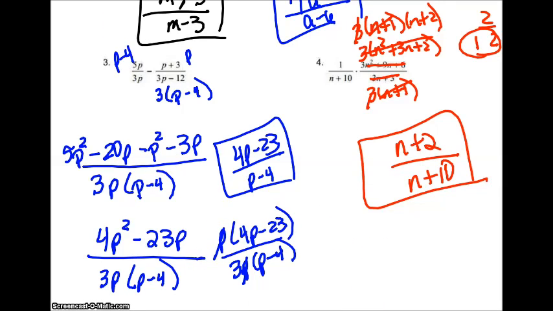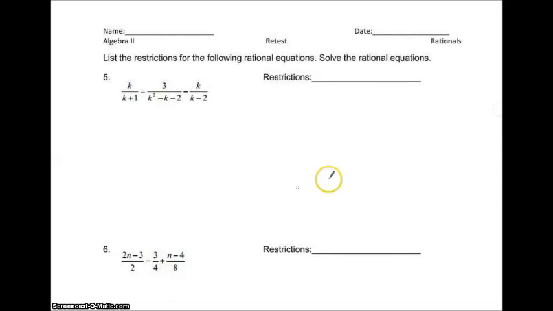All right, going to the next page and looking at number 5. We are solving for this, which means we've got to find our restrictions, and we've got to find our least common denominator and all that good stuff. So first of all, you want to factor k squared minus k minus 2. Find the factors of 2, 1 and 2. Signs are different, largest is negative.